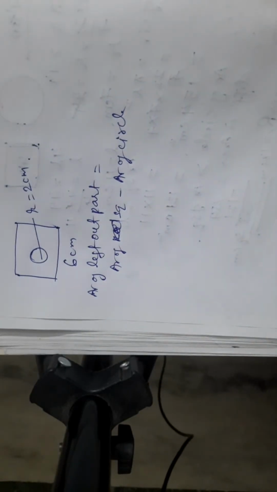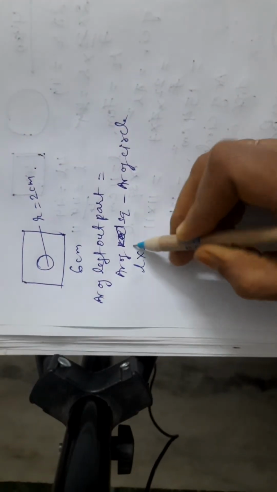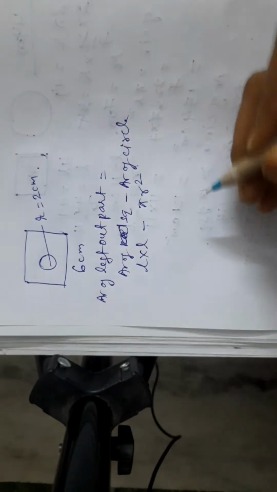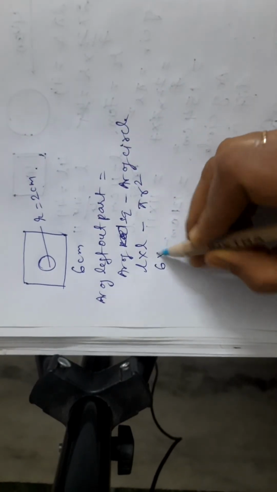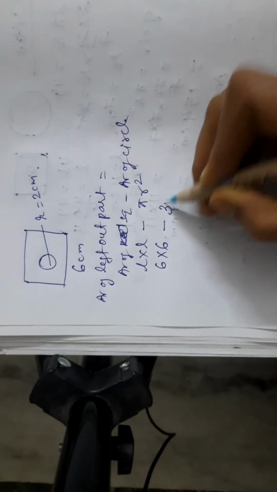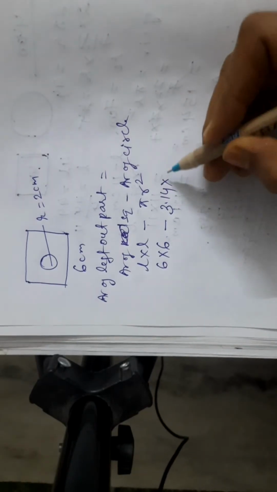As from the square, the circle is being subtracted. Square area is L multiplied by L. For the area of a circle, it is pi r square. Now the length of the square is given as 6, whereas pi is given as 3.14. So we'll replace pi with 3.14. Radius is given as 2. So let's complete the calculations quickly.